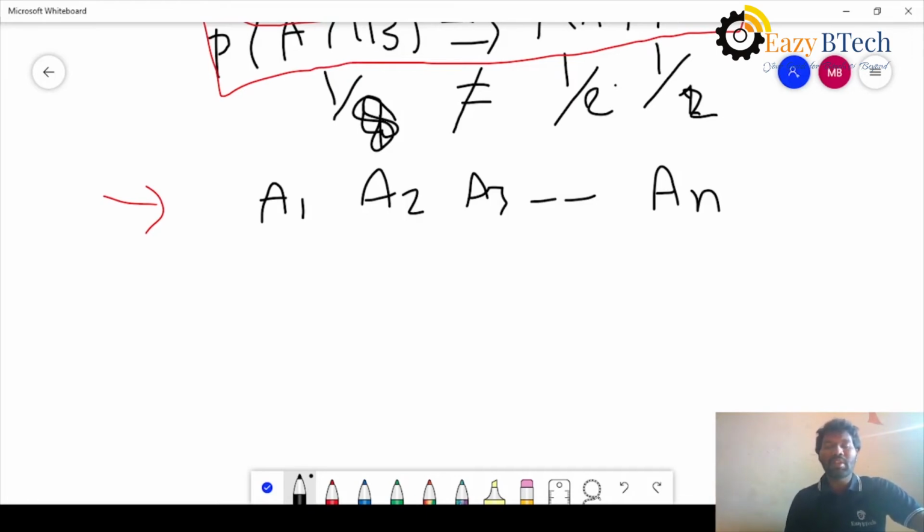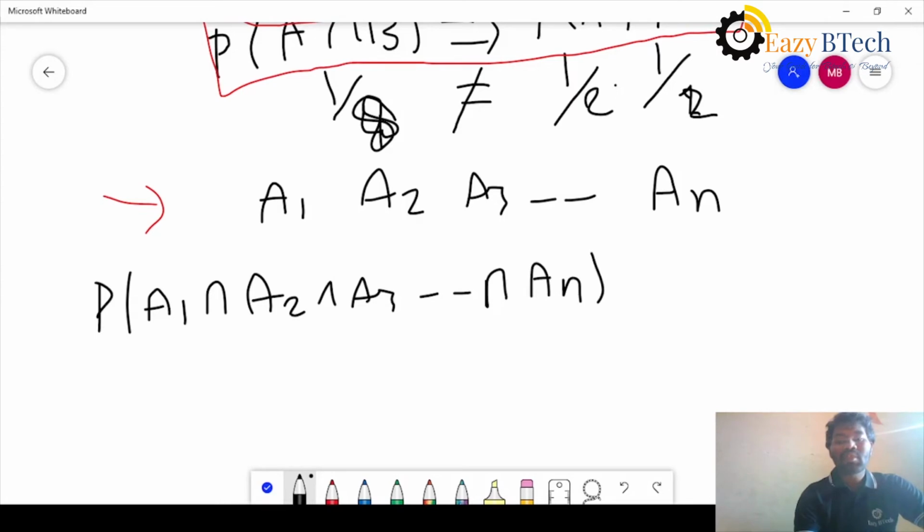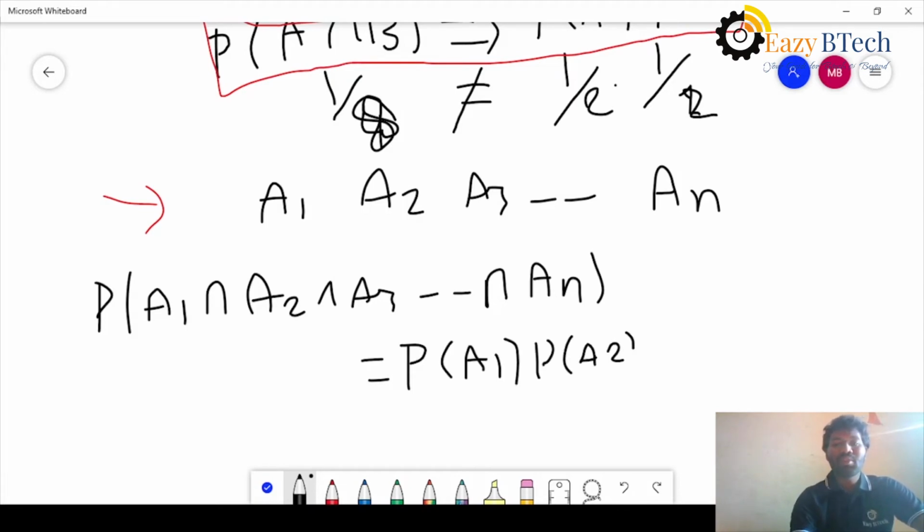If all are independent events, then the formula is P of A1 intersection A2 intersection A3 and so on intersection An is equal to the same formula applied: P of A1 into P of A2 into P of A3 and so on, P of An.